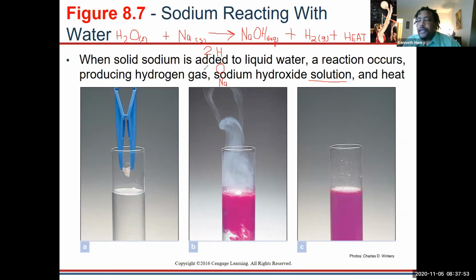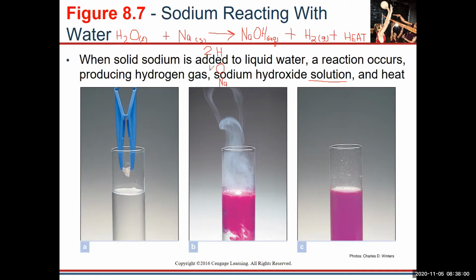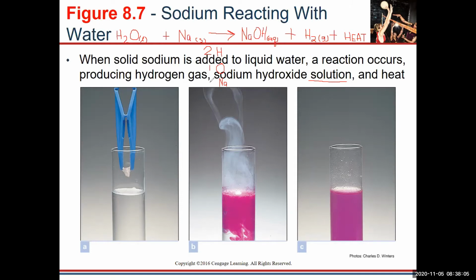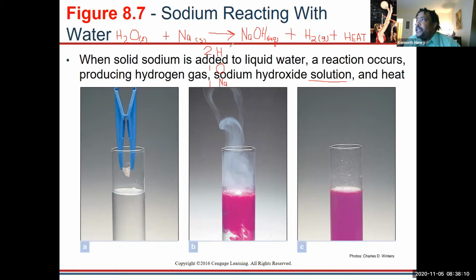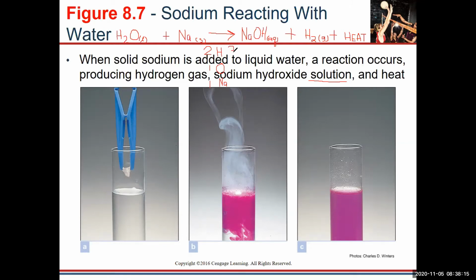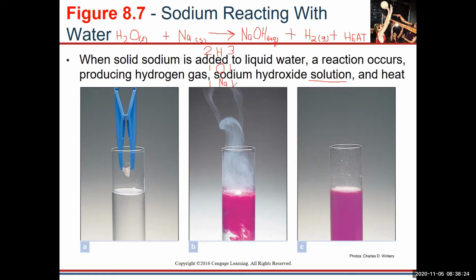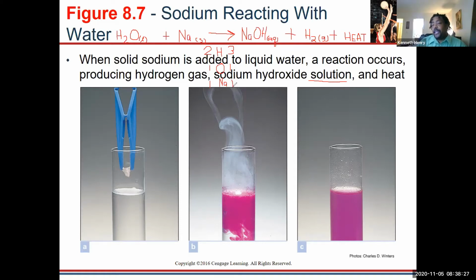How many oxygens? 1. And how many sodiums? 1. On my product side, how many hydrogens do I have? 3. How many oxygens? 1. And how many sodiums? 1.